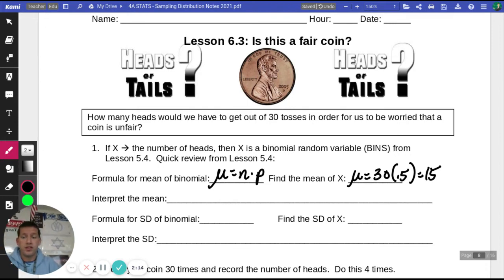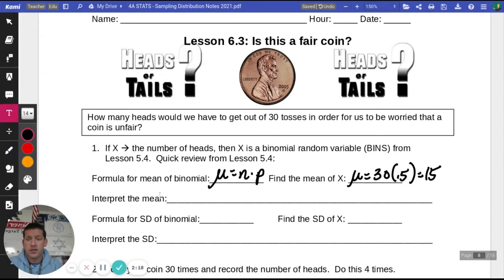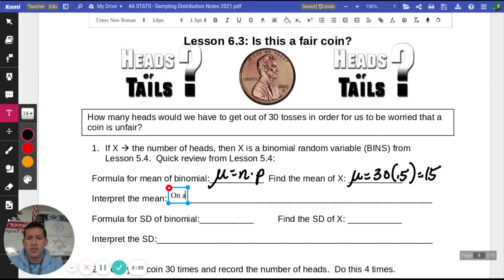And that's what we're going to say for our interpretation here: we can expect, on average, to get 15 heads out of 30.